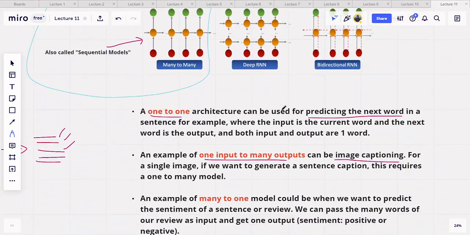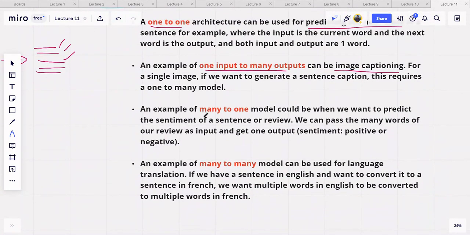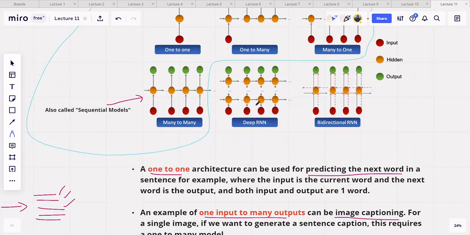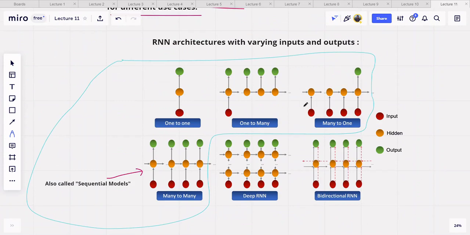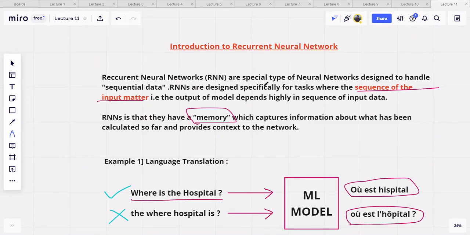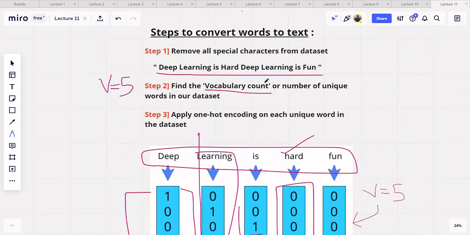Now let's look into an example of a many to one model. Many to one can be used for examples like sentiment analysis, where you give a sentence as input, and you want one particular thing as output, that is an emotion. Let me show you an example.